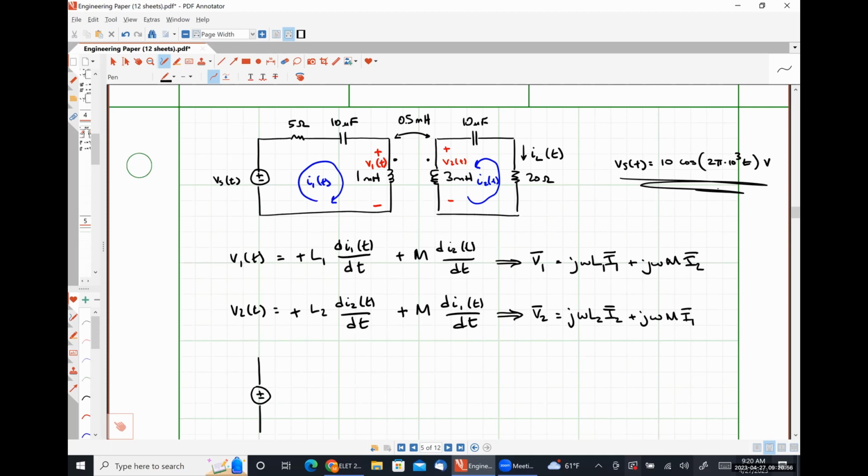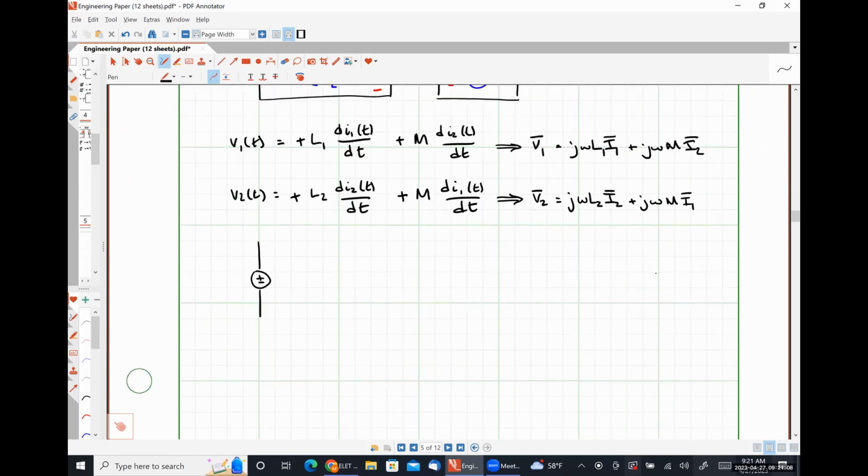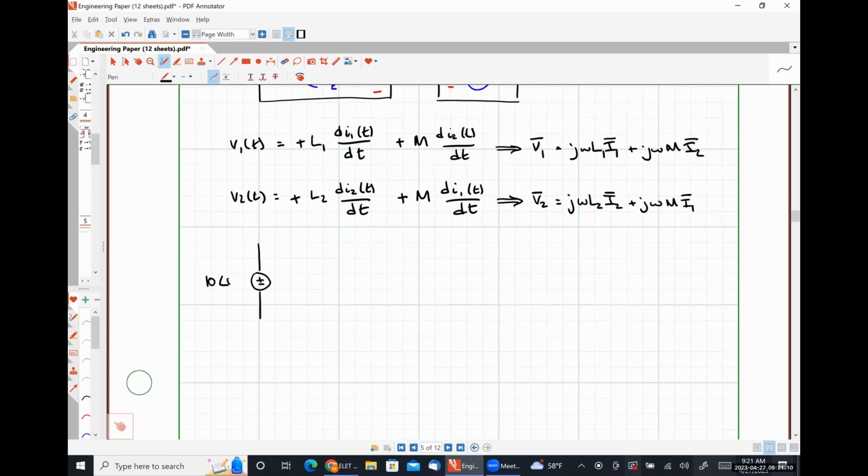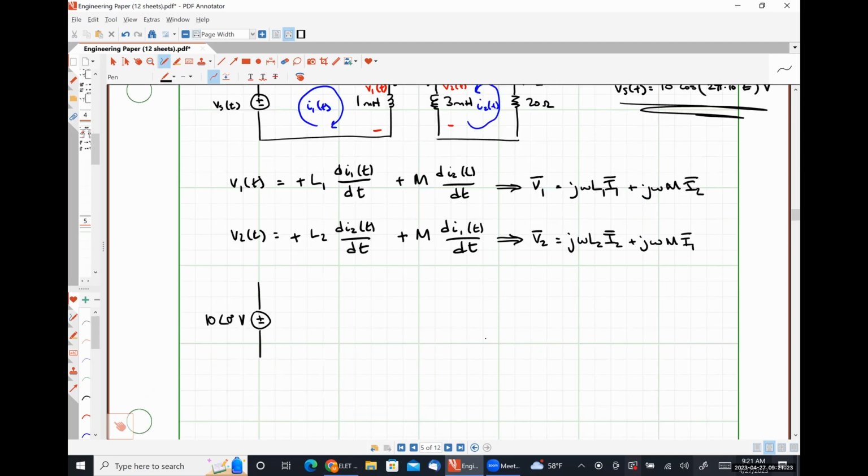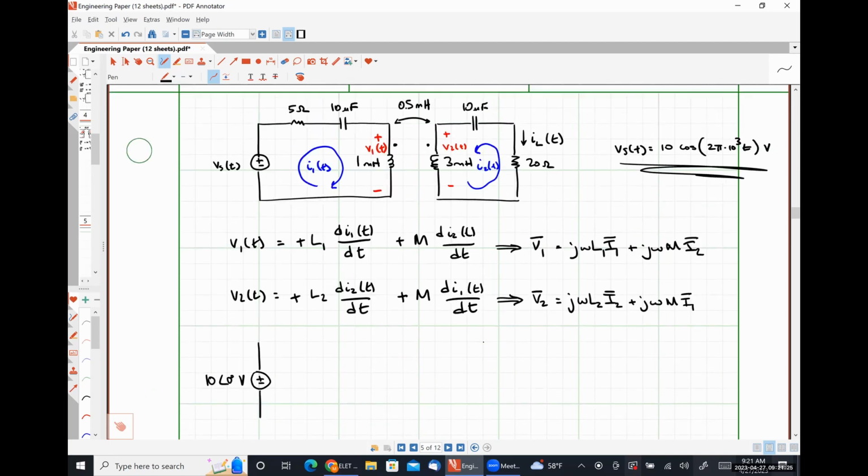The 2 pi times 10 to the 3 is the omega. The phase angle there is 0. So we have 10 angle 0 degrees volts there. What's the impedance of my resistor going to look like? Five ohms. The impedance of a resistor is just the resistor value. Absolutely right.